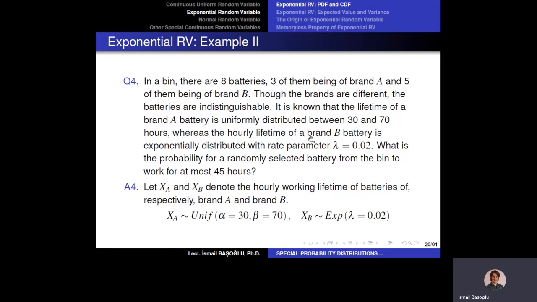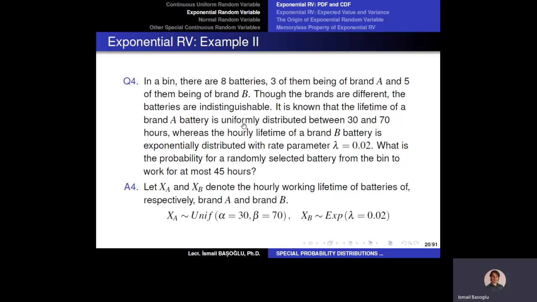Whereas the hourly lifetime of brand B battery is exponentially distributed with rate parameter lambda being equal to 0.02. So as you can see, the question especially indicates that the hourly lifetime of brand B battery is distributed with exponential distribution with rate parameter lambda being equal to 0.02.